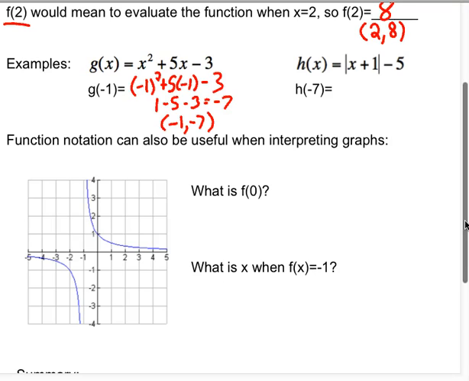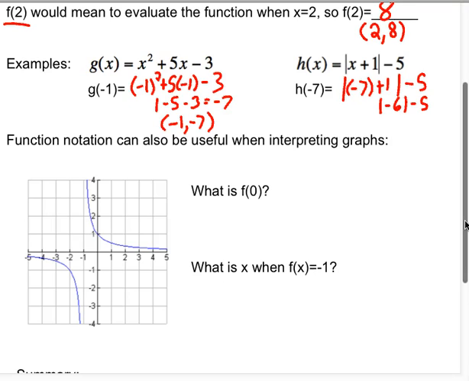What about h of -7? So h of x is the absolute value of x plus 1 minus 5. So let's plug in -7. So here, absolute value of -6 minus 5. Well, absolute value of -6, we'll just make it positive.